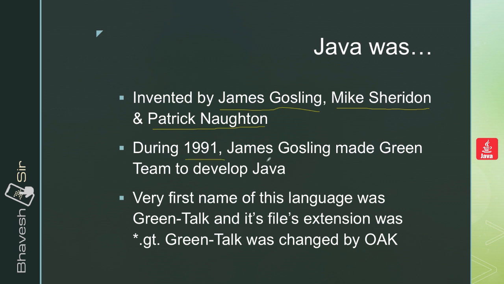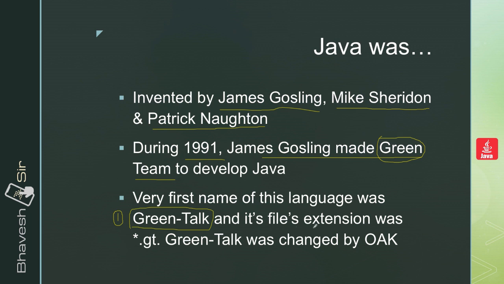In 1991, James Gosling made a team, and the name of the team was Green. On the name of that team, they gave the very first name, Green Talk. Green Talk was the very first name of the Java language.